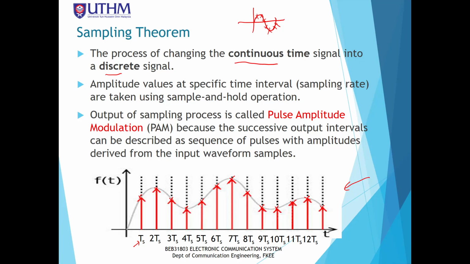So the concept here is that the higher the number of samples that we take, the more accurate the output will be. But there's a drawback: if we take a lot of samples, we need wider bandwidth. So there must be a give and take between the number of samples and the bandwidth requirements.